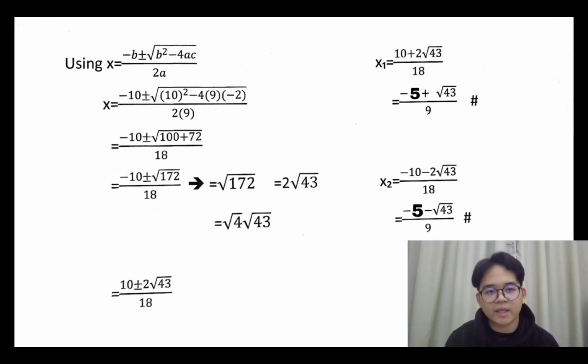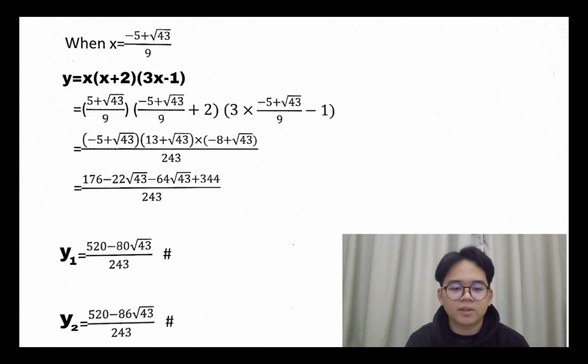Thirdly, when dy/dx equal to 0, we will get 2 x values, which are x1 equal to minus 5 plus square root 43 divided by 9 and x2 equal to negative 5 minus square root 43 divided by 9. After that, substitute the x values into the equation to obtain the y values.